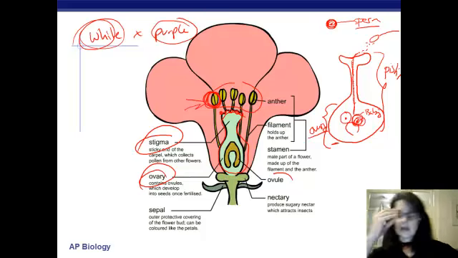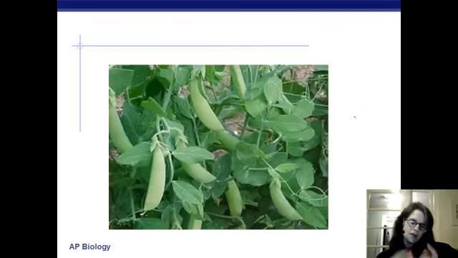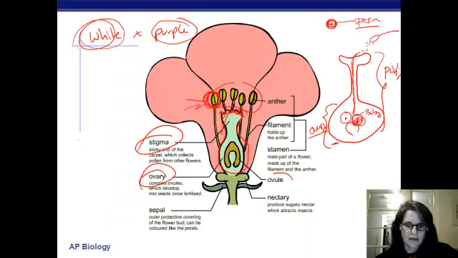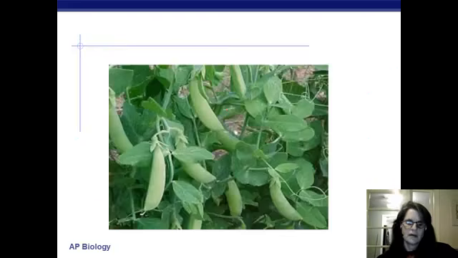Essentially what happens is that after fertilization, after the sperm from the male part comes crawling down the tube and fertilizes the egg, the flower petals die away, and the female reproductive part changes shape and starts to look like that.